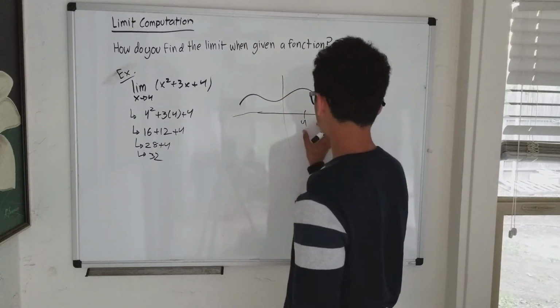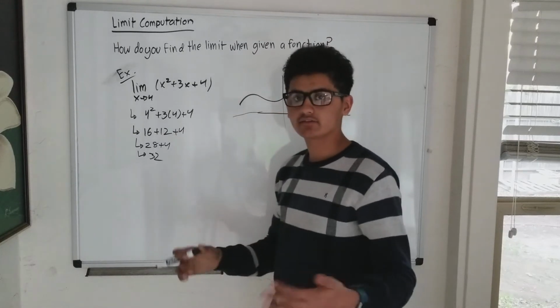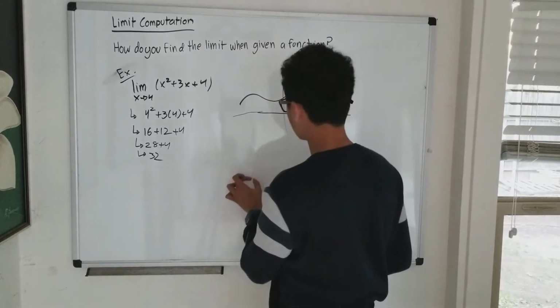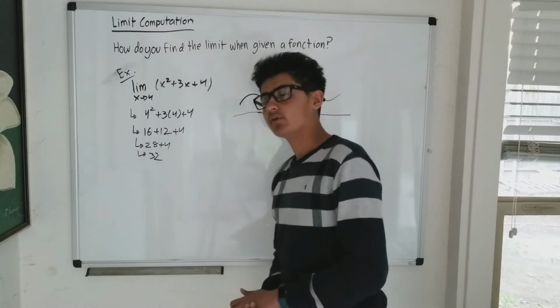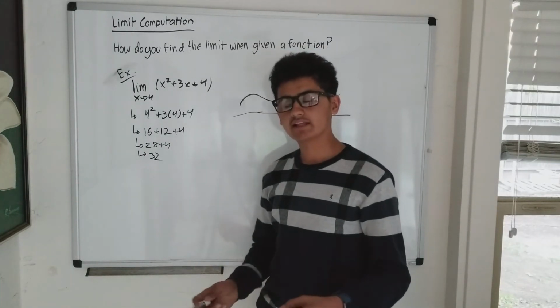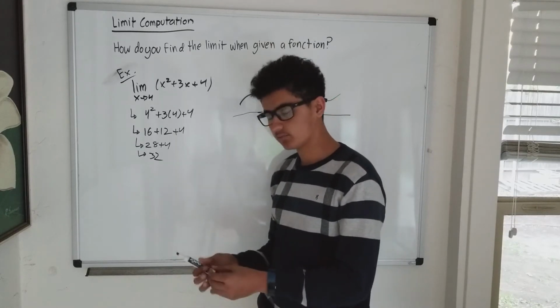So basically, we're trying to find it as x approaches 4. As you might have seen from my previous videos, you have to look at a table, take numbers infinitely close to the number you're trying to get at. But if what you're trying to find is the limit, if you just plug in the number, that's basically the number you're going to get when you're using minutely small numbers.